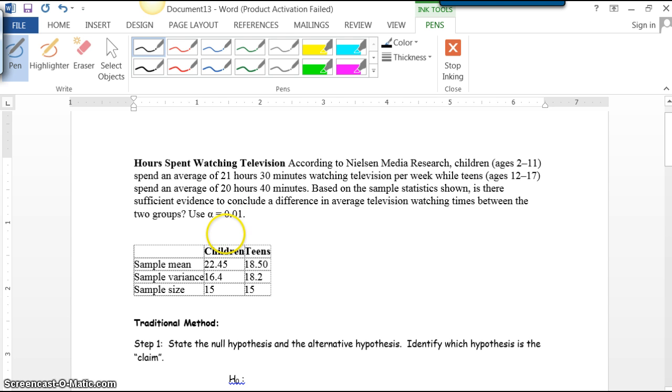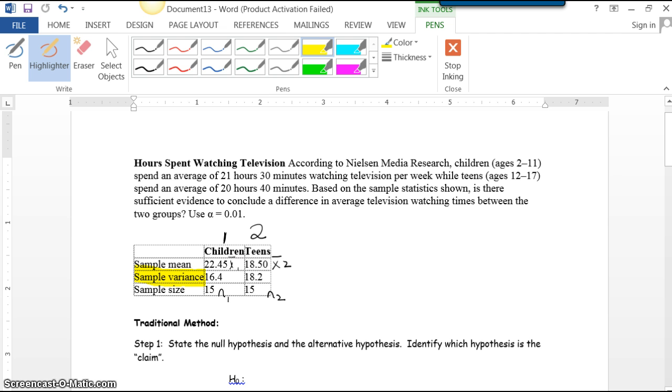So we're going to call the children 1 and the teens 2, so that each one of these will be labeled like this: X bar 1, X bar 2. This will be your sample size 1, sample size 2. I do want you to be careful on this middle part right here, because they gave you the variance instead of the standard deviation.